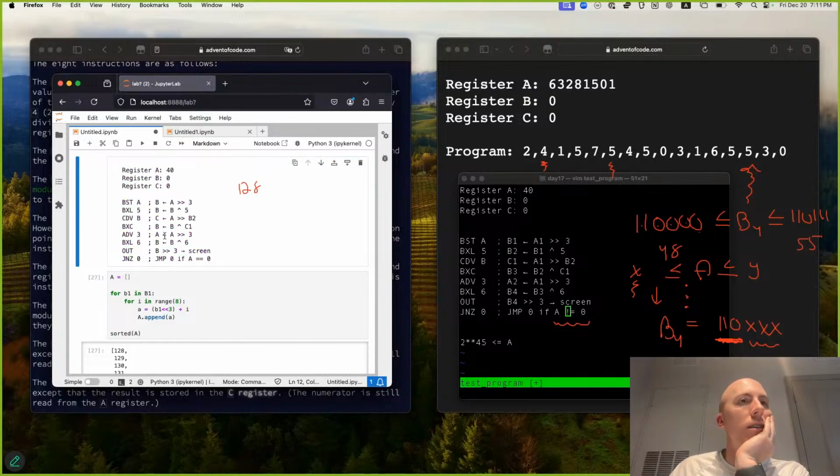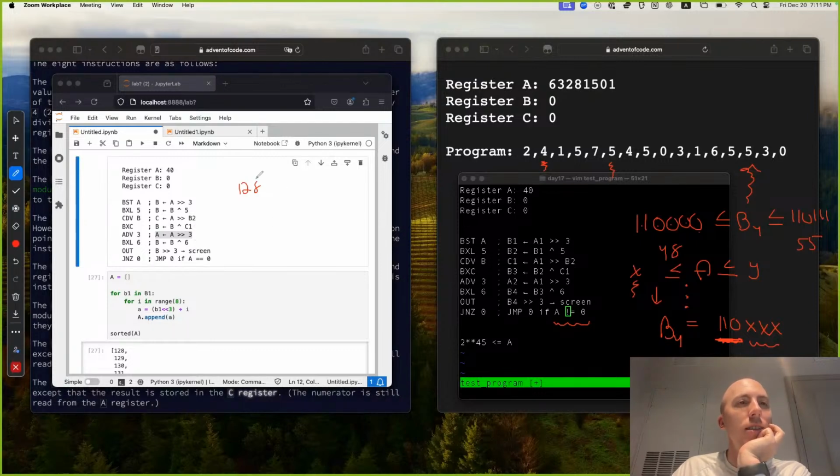Let's see. So A gets shifted down by 3. Well, okay. Oh, okay. So every time we start, right now we're assuming that A is the only important thing.